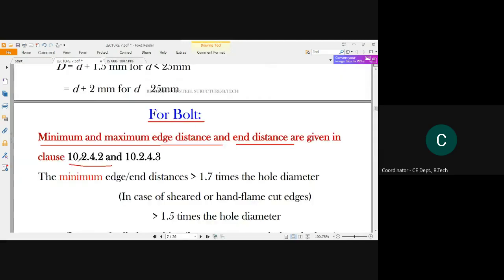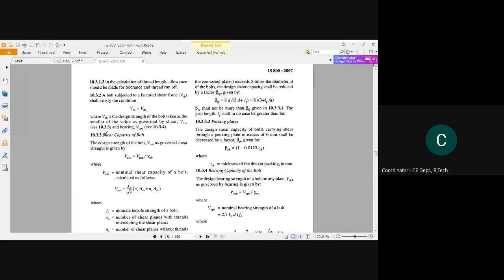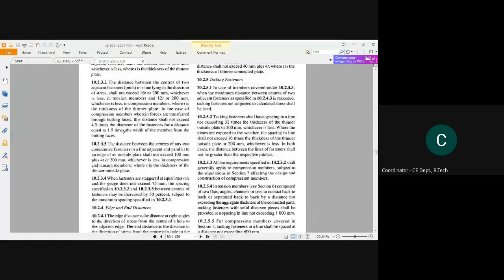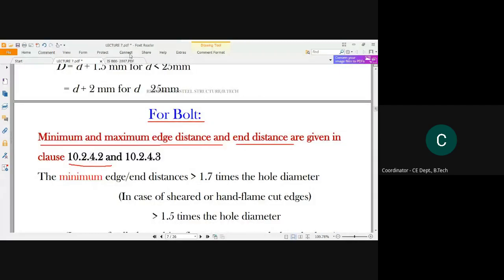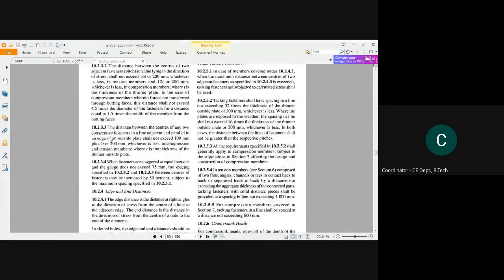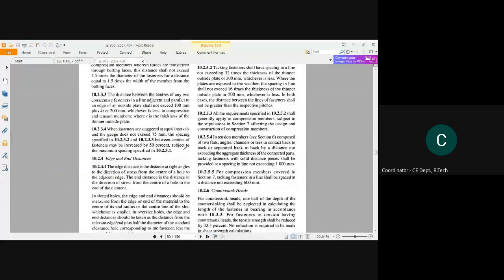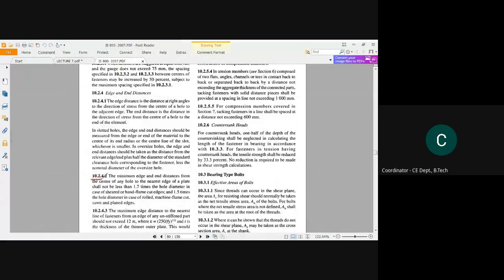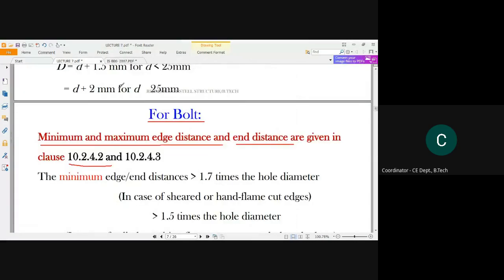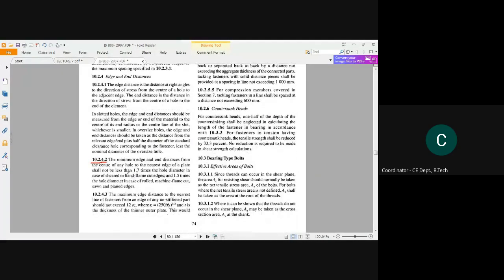See, clause 10.2.4.2. In this clause, the minimum edge distance has been given. Now I will consider that you have understood the edge and end distance.